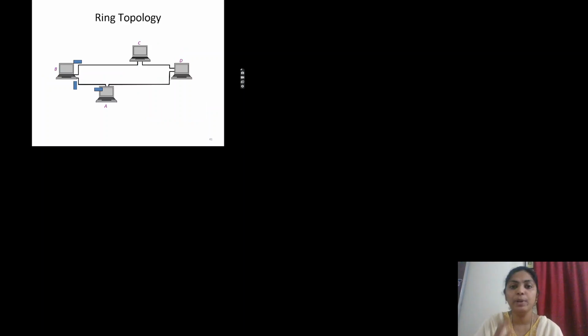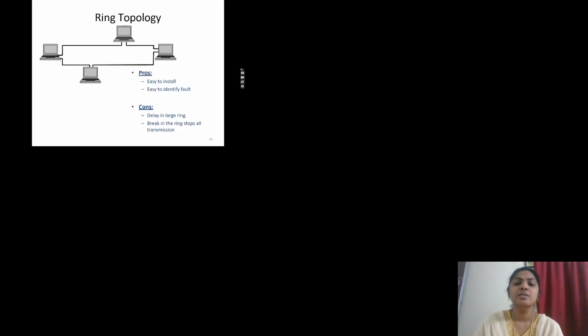And then moving on to the ring topology. As the name says, ring, the devices are connected in a circular fashion. The packet moves in one direction and then reaches the other. Suppose A wants to send a packet to D, it has to move through B, C, and then reach D. The advantage of ring topology is that it is easy to install, and we can identify a fault very easily.